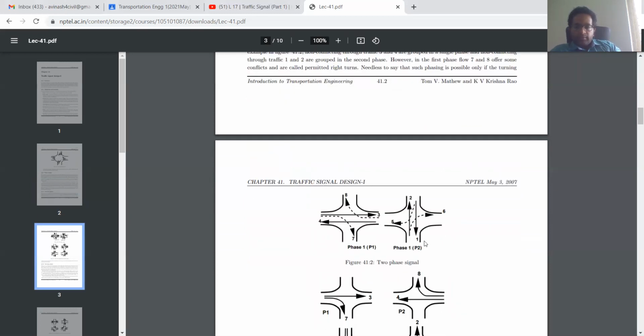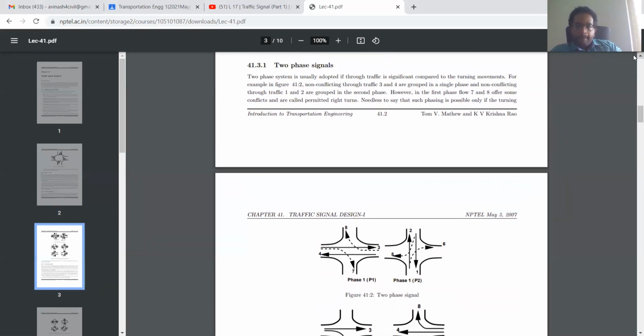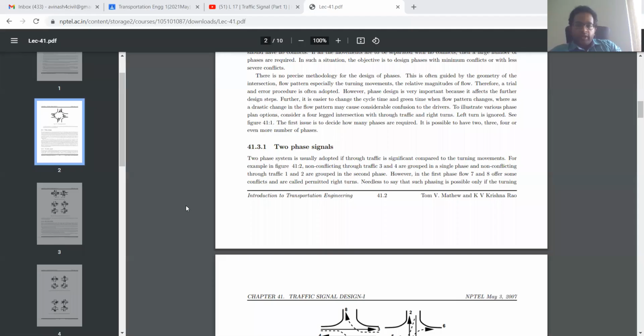Here you can see that the two-phase signal is adopted when the through traffic is significant and turning movements are insignificant.